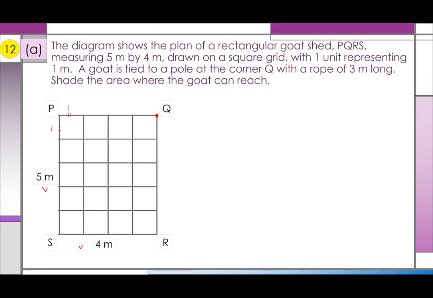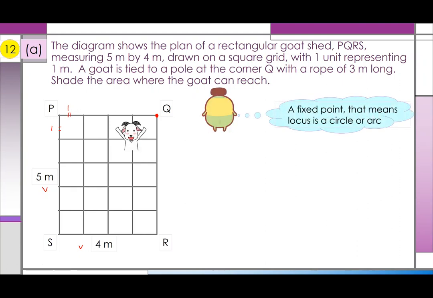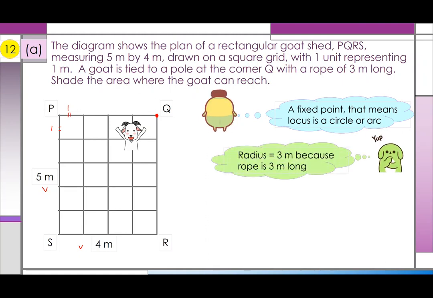From one fixed point, the locus is a circle or an arc. The length of the rope is 3 meters, so the radius is 3 meters.